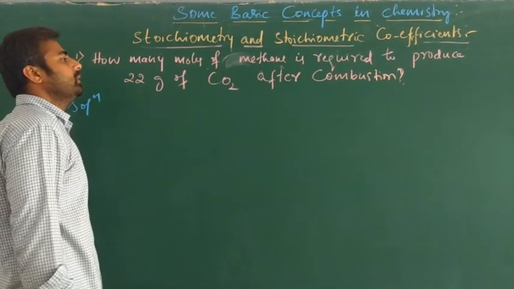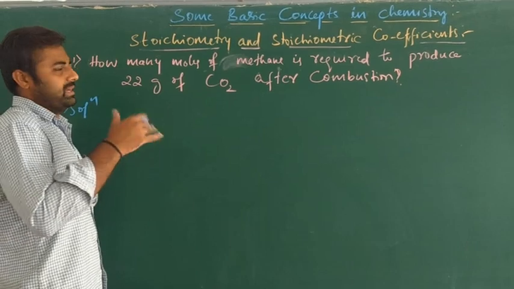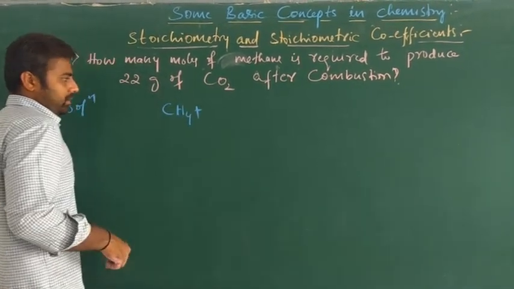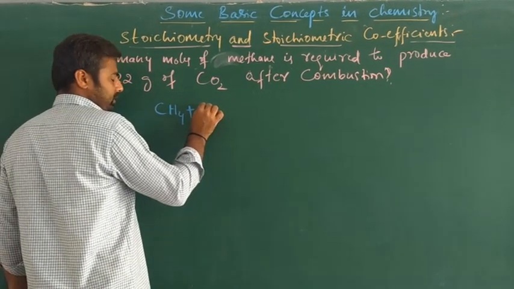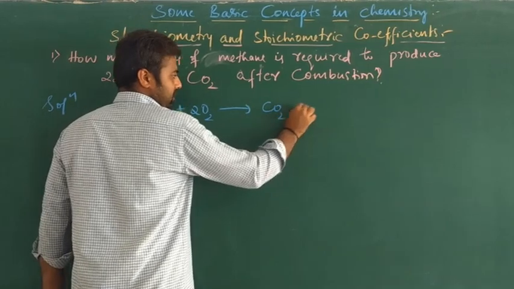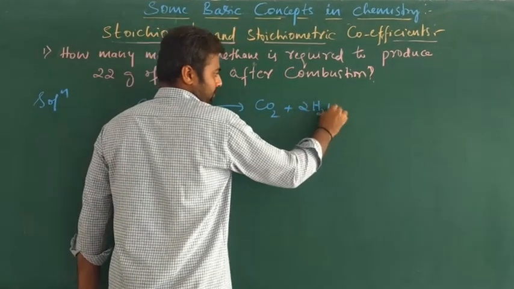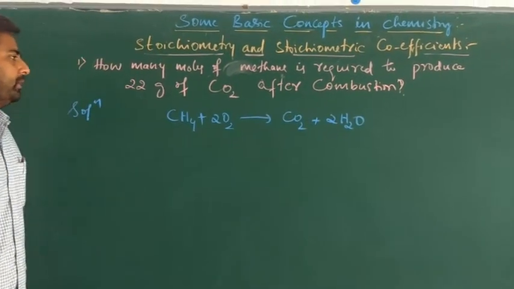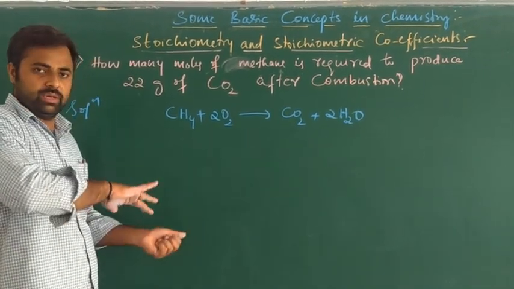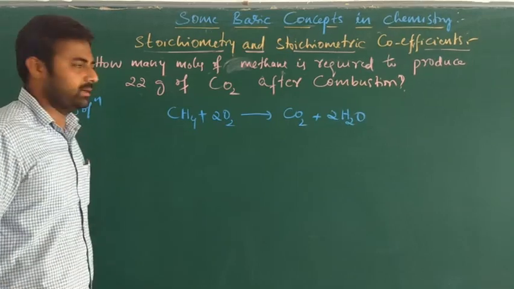Which equation? According to the balanced equation, it is combustion of methane, right? We know that when methane undergoes combustion with oxygen, it gives carbon dioxide and 2 molecules of water. From this balanced equation, you can easily correlate the moles into molecules, molecules into moles, right?